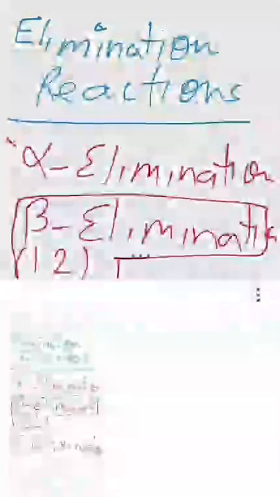So now we'll continue with beta elimination, or simply, from the point of view of our syllabus, we can say elimination reaction, which is actually beta elimination. So what is beta elimination?